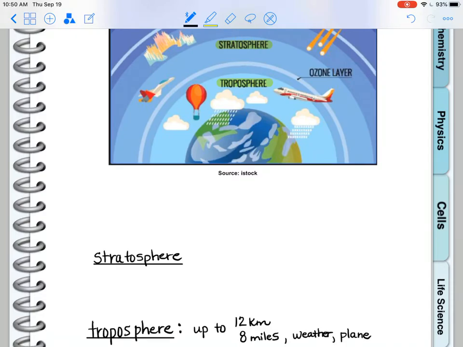The stratosphere is where you notice there is a military jet there. You also see some meteors approaching the stratosphere. So this is higher than the troposphere, and it is up to 50 kilometers or 21 miles.